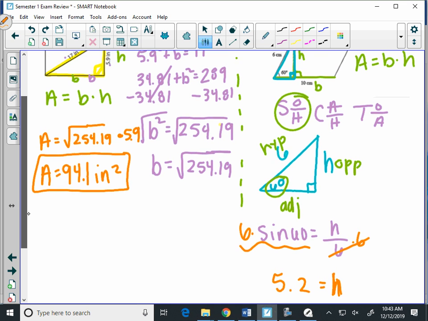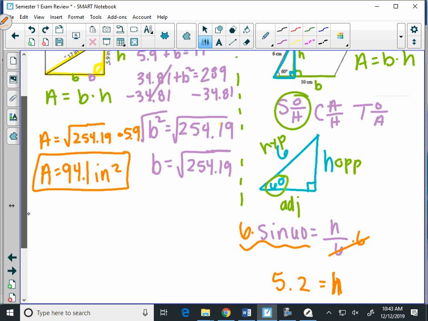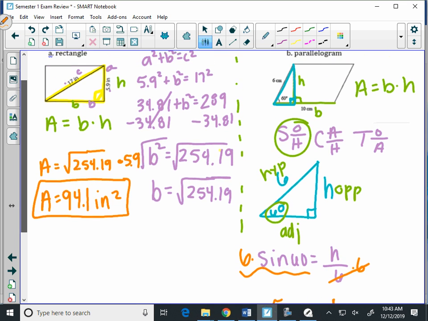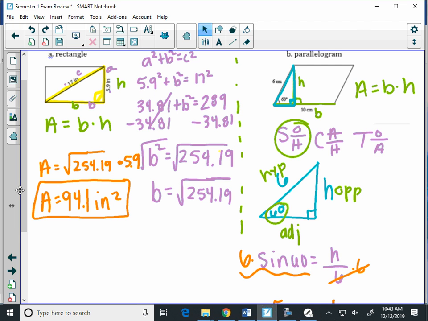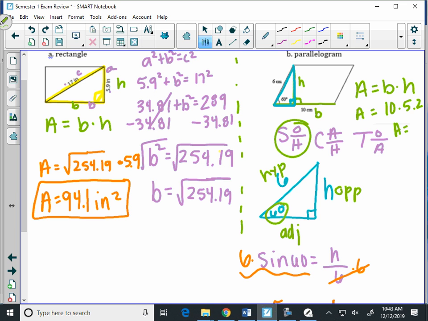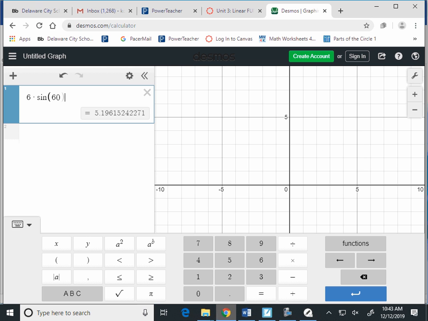So that's our height. So now that we know what our height is, and we know our base is 10, to get the area, I'm just going to do 10 times 5.2. And when we do 10 times 5.2, it gives us 52.